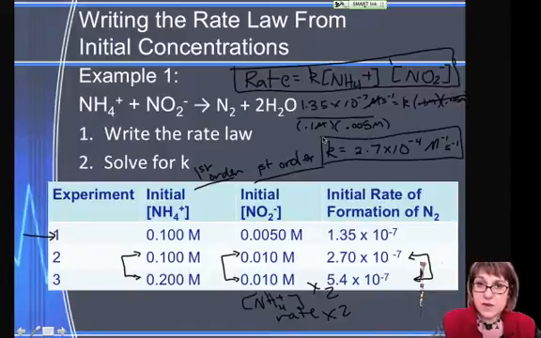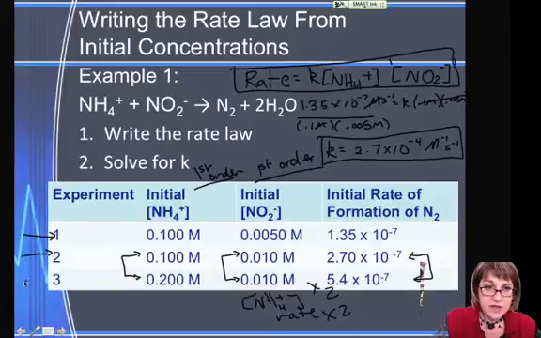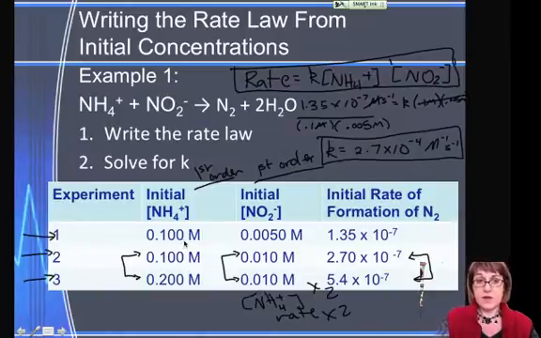Now the best way to solve for k is to do this for each experiment and then take the average. So I just put in experiment 1 into my rate law. The best way is to also test this for experiment 2 and experiment 3, and then take the average value so that you get a more accurate value for k, for the rate law constant.